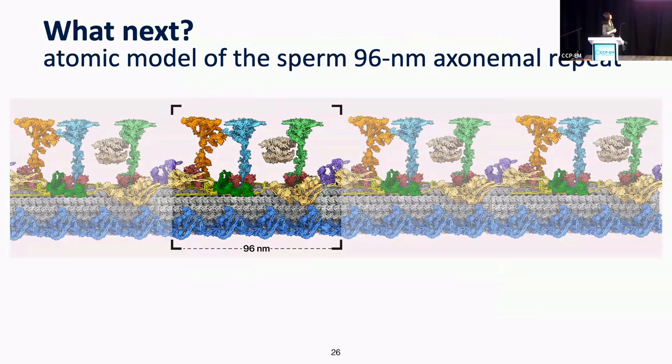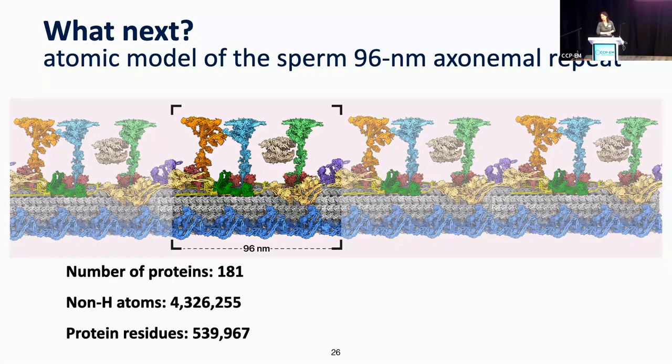I don't have the time to talk about this structure, a really super fascinating structure as well, but just to give you the numbers and why we do need to talk with the EMDB: the number of proteins we have now is 181, and our structure has now more than 4 million atoms, and more than 500,000 residues. So it's just getting bigger and bigger, which I think is great.